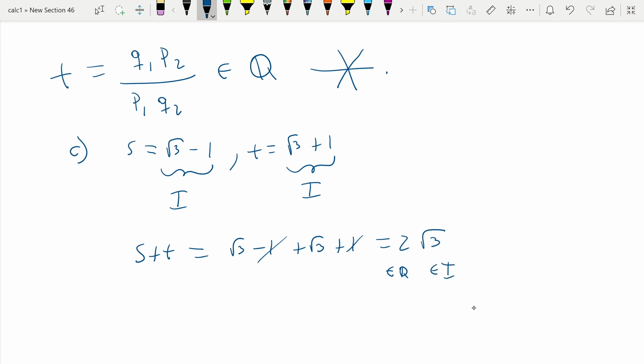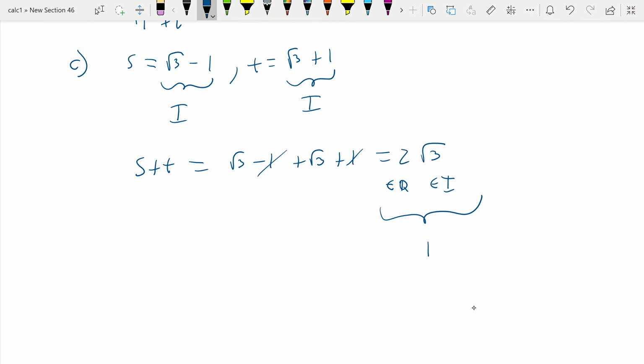So the whole thing, again by part B of the same problem, we're multiplying an irrational number times a rational number. So this multiplication turns out to be an irrational number.